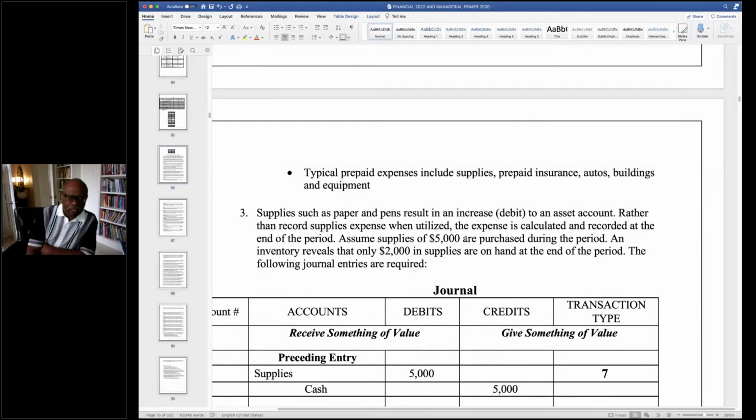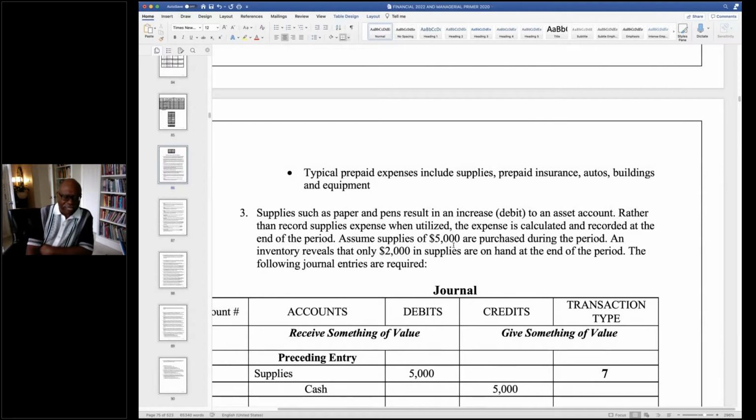The essence of this is if in your bank account you have $5,000 at the start of the period and 2,000 at the end, how much did you spend? That's essentially what we're saying. You have 5,000 in your account at the beginning, 2,000 at the end.